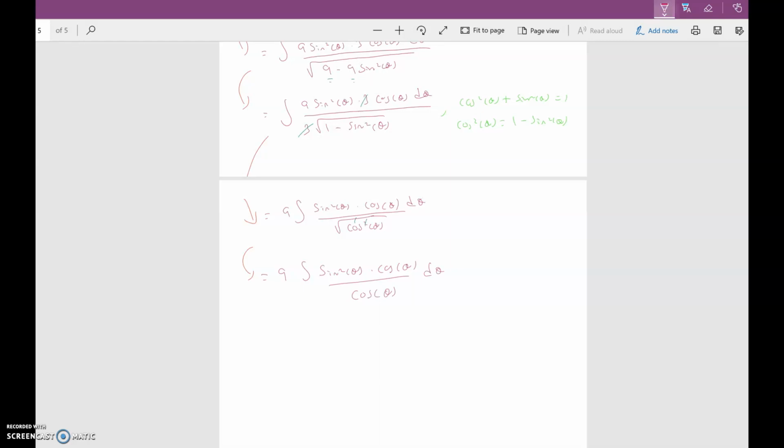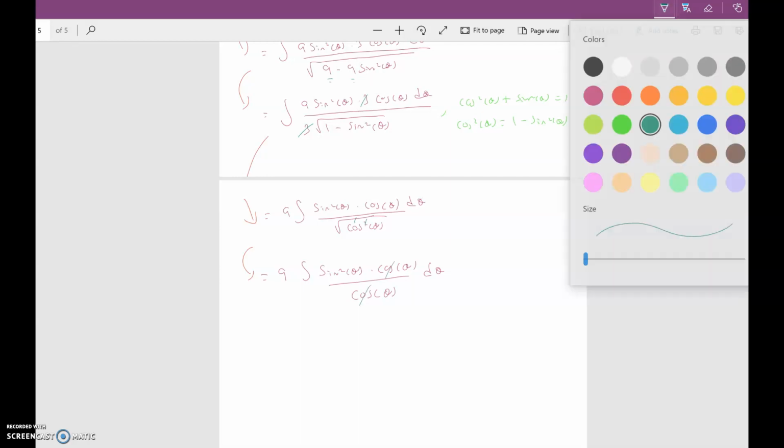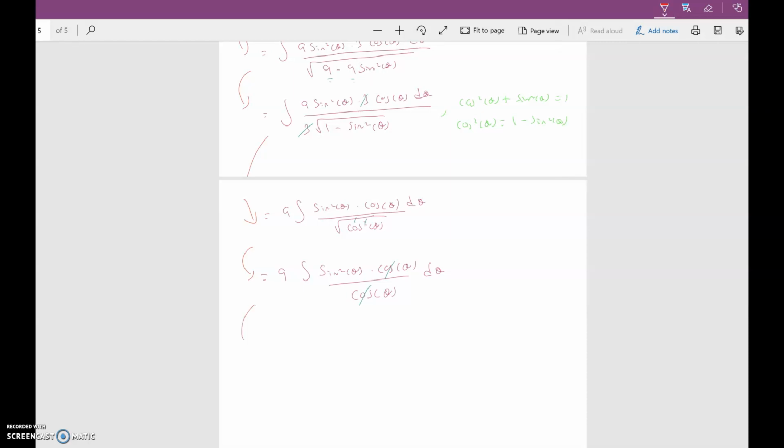And as stated on the previous problem, all of these should cancel, but it's going to take a while for it to cancel. So in this case, this is equal to 9 integral of sine squared of theta d theta. Now, let me wait a minute.